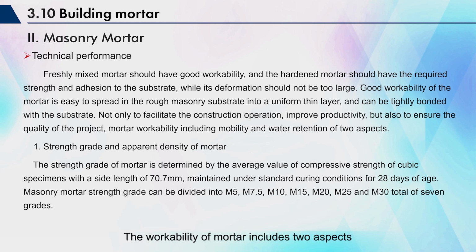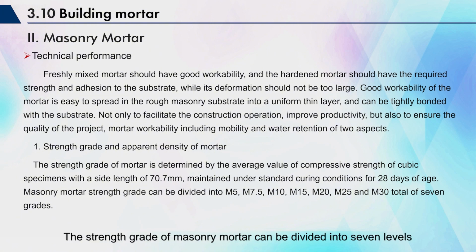The workability of mortar includes two aspects: fluidity and water retention. First, strength grade and apparent density of mortar. The strength grade of mortar is determined based on the average compressive strength of a 70.7 mm cube, cured for 28 days under standard curing conditions.